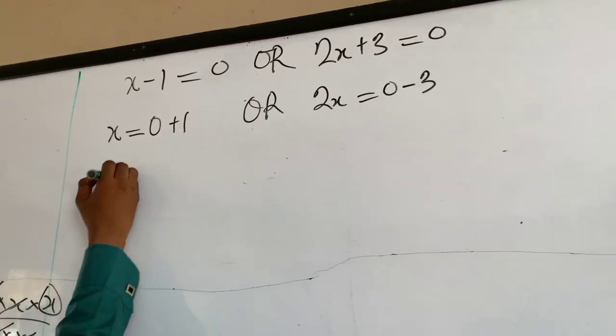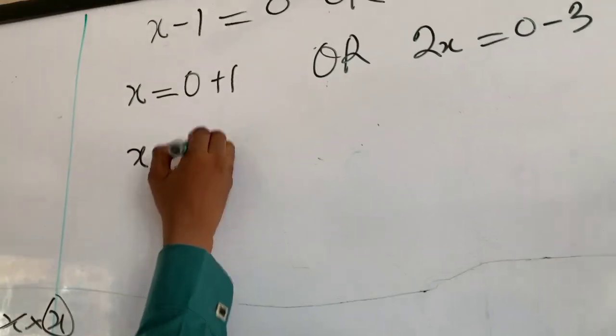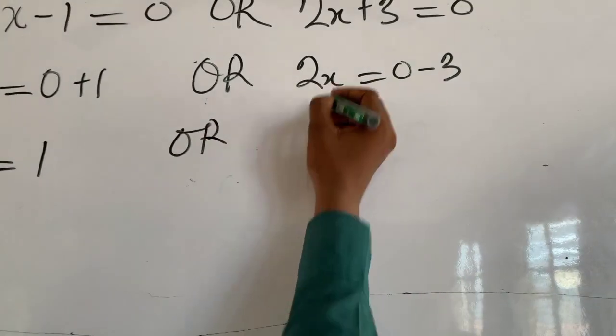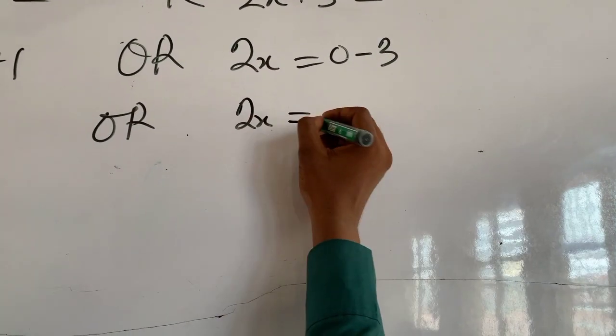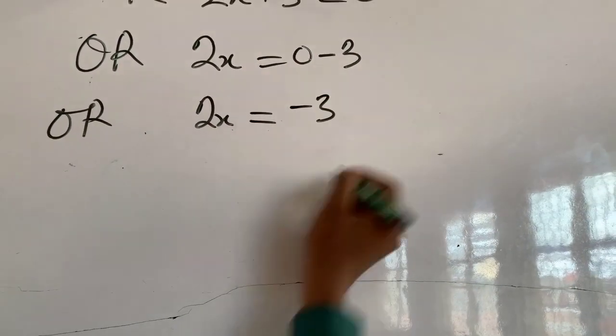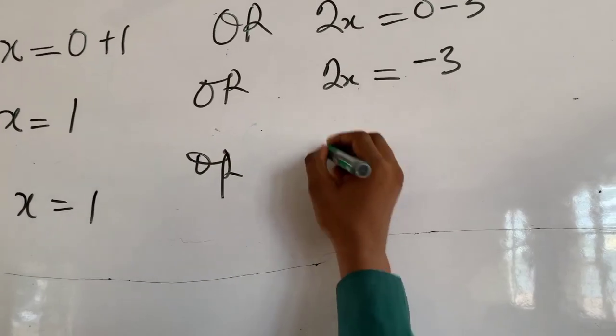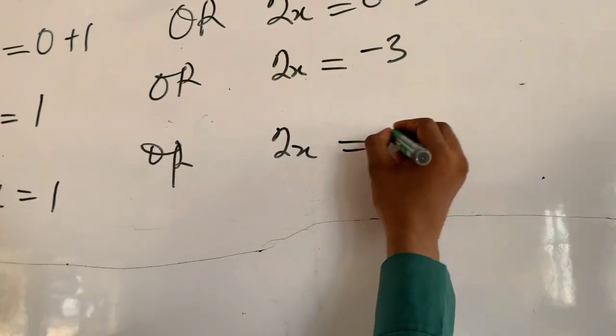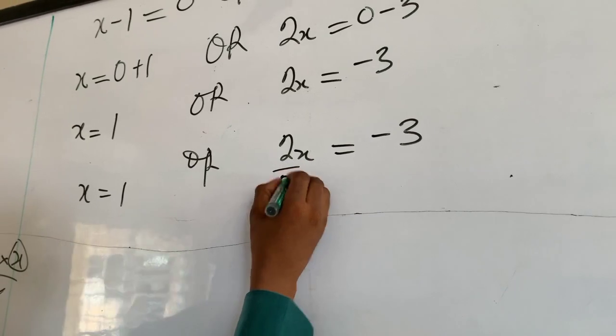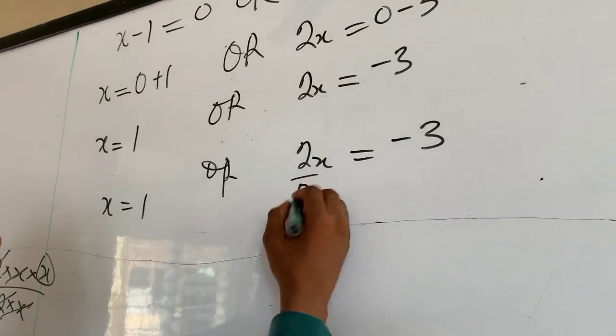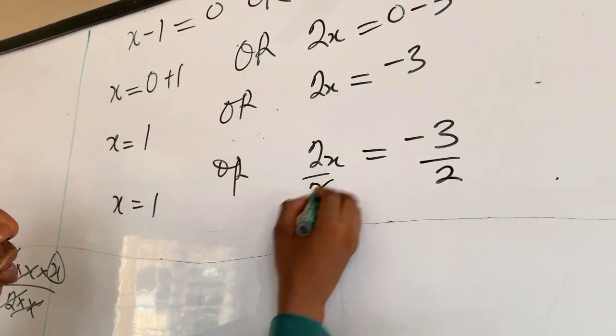So coming here, you have x is equal to 0 plus 1 is 1, or we have 2x is equal to 0 minus 3 is minus 3. So we have x is equal to 1, or 2x is equal to negative 3. We divide both sides by the coefficient of x, which is 2. 2 cancels 2.